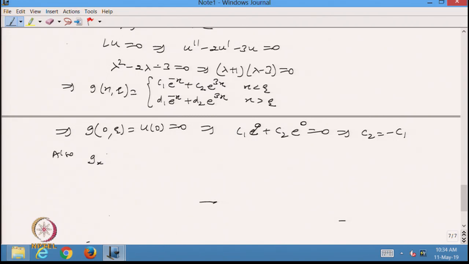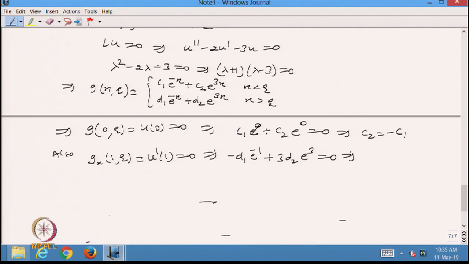Also, g of x at 1 xi, so this one will be equal to the given condition. So, from here I can find out that minus d1 e minus 1 taking the derivative of this plus 3 times d2 e 3 equal to 0.